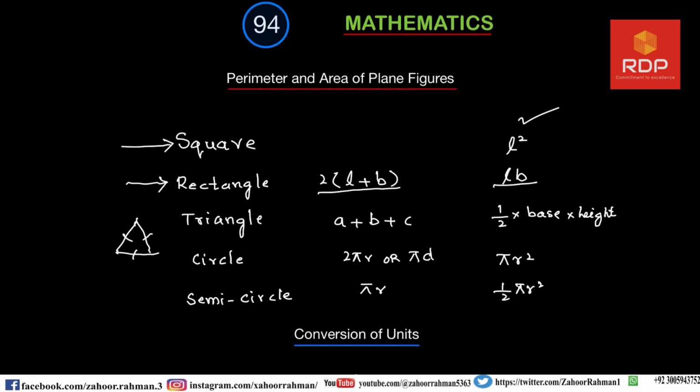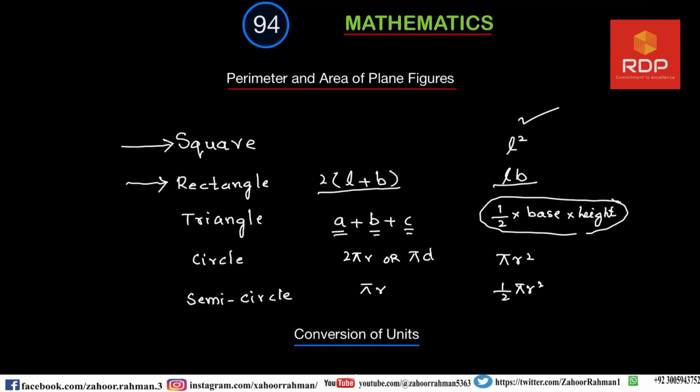Because triangles are having 3 sides, so we have written A plus B plus C. Similarly, the area of triangle is equal to 1 over 2 into base into height. So you have to memorize all these formulae to keep in touch with the exercise of this topic.